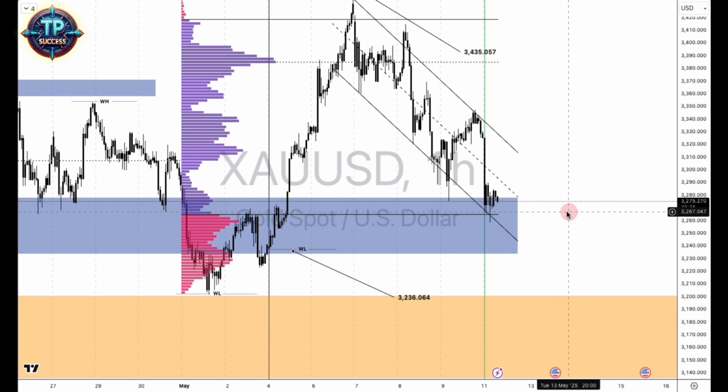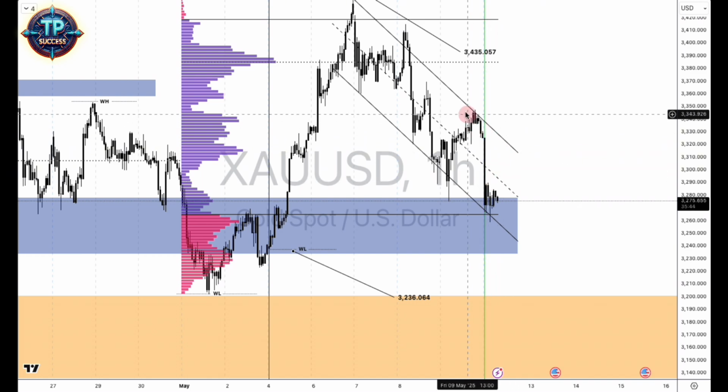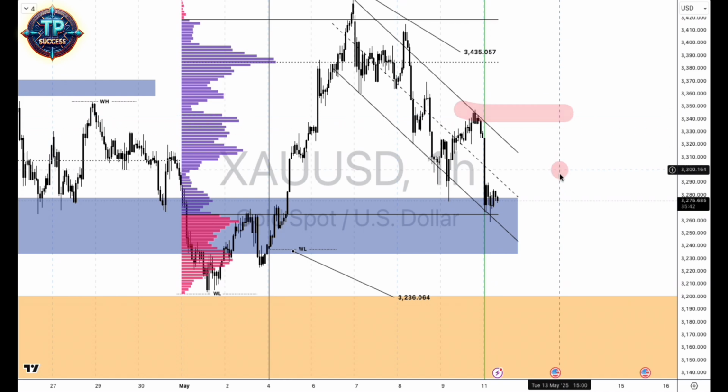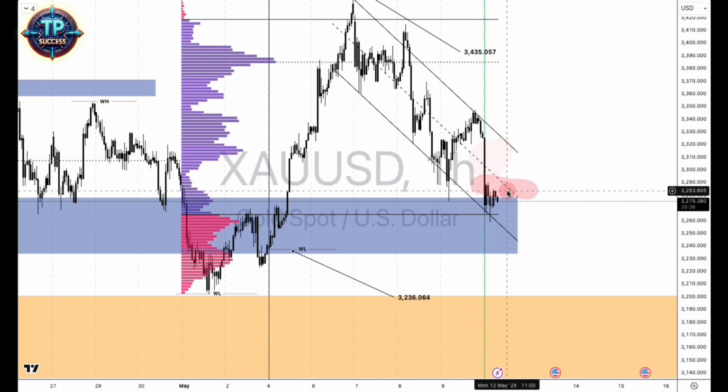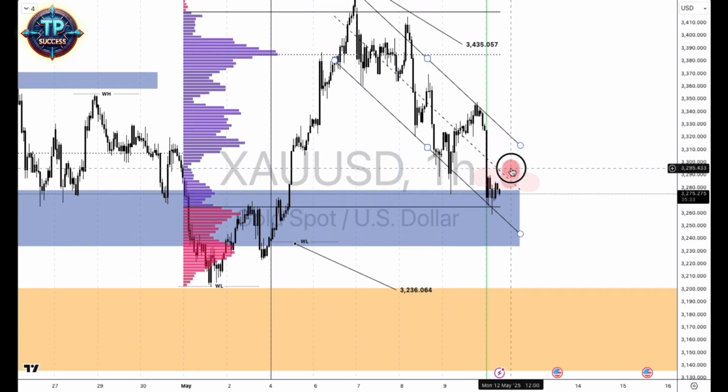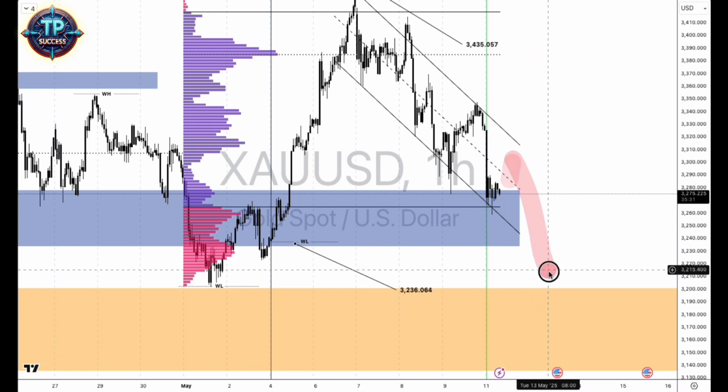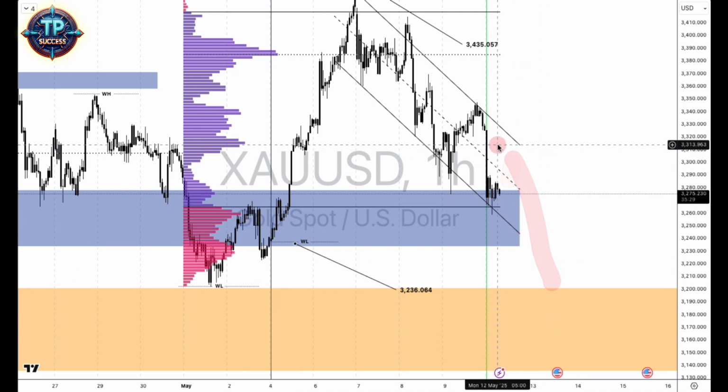So I'll be waiting for either price to close above this level right here. Reason being, we have an FVG in this area. So even if you have price closing above this area right here, it could just be tapping into the FVG area, only to come back down again. So we don't want that. There's a trap here that we don't want.